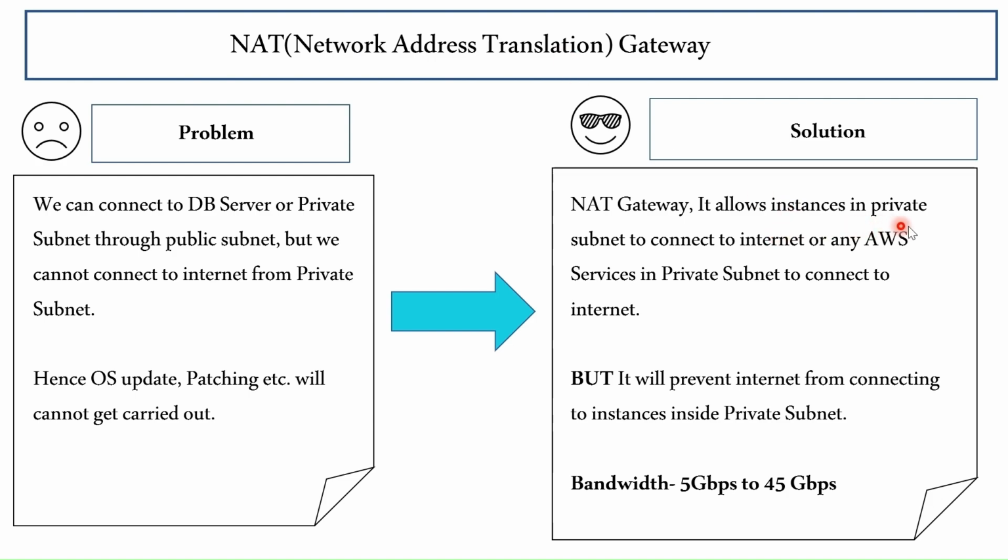It allows instances in the private subnet, like EC2 or any AWS service running inside the private subnet, to connect to the internet, but it will prevent the internet from connecting to the instances inside the private subnet. So in this way we can achieve our OS update, patching, and all the activities. The bandwidth of this gateway is from 5 Gbps to 45 Gbps.